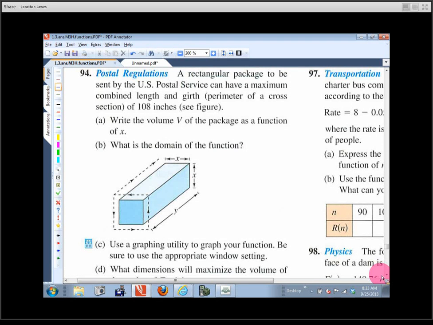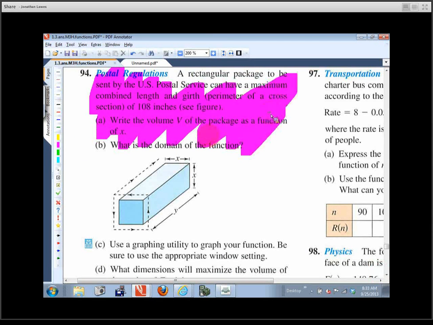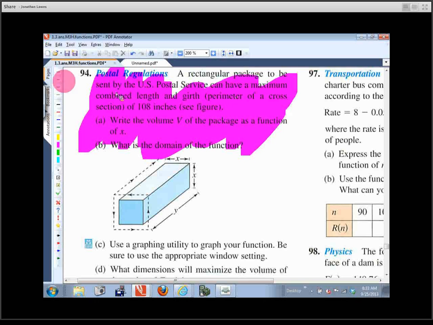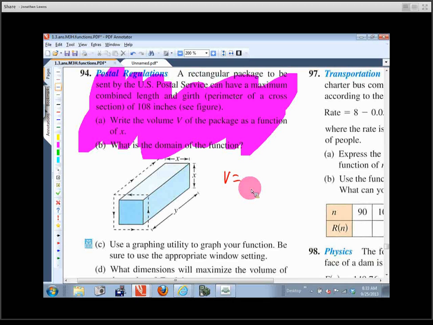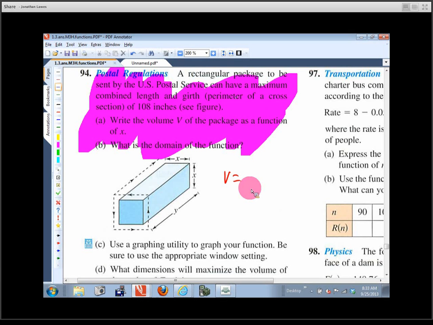Okay, now we're going to do the same thing we did just a second ago. We're going to ignore everything on here, and I'm going to write v equals. Everybody here should know how to find the volume of a box. Logan, what is it? What's that? Okay. Logan doesn't know.